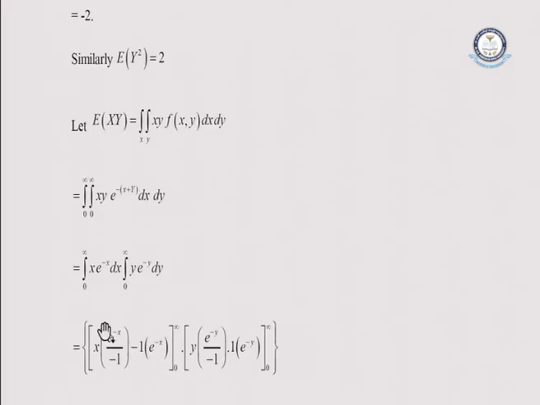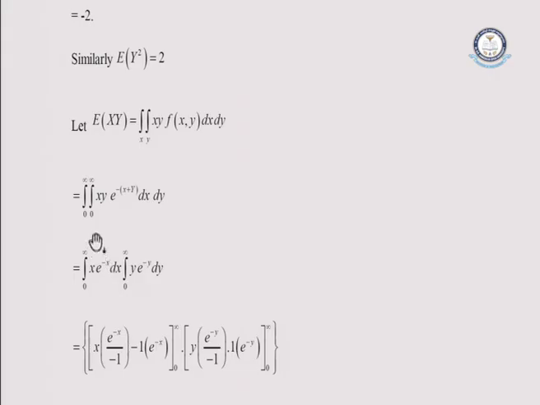Next, the joint probability distribution function of the variables. The joint is nothing but the expected value of x and y. So double integration of that function into f of x comma y dx into dy. That is the formula for the joint probability density function.